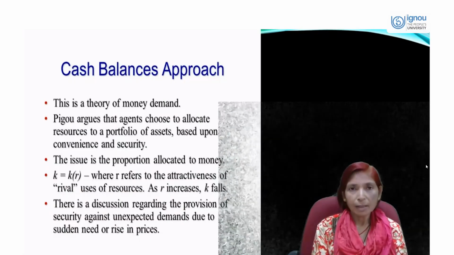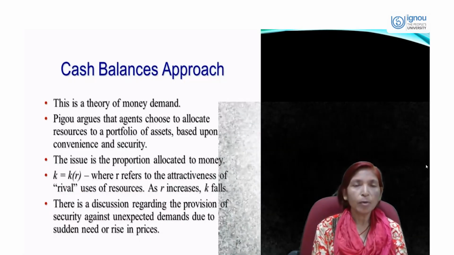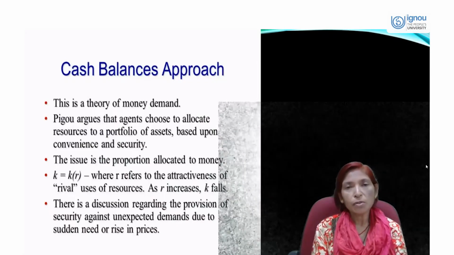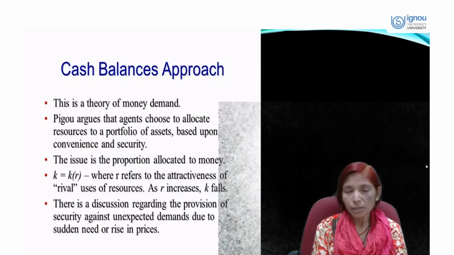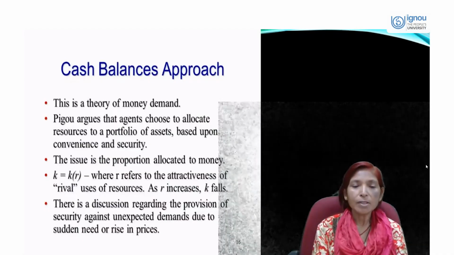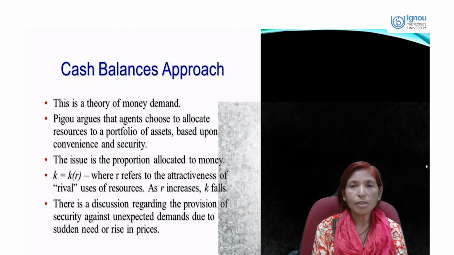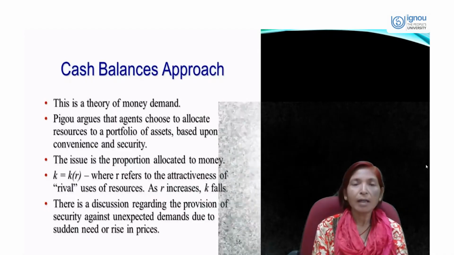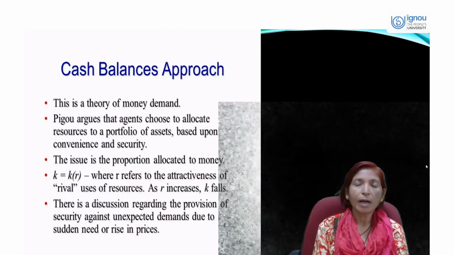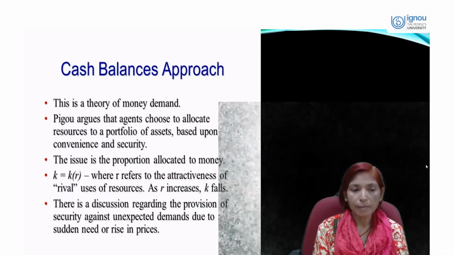R is the rate of interest and K is the proportion of money which we allocate for transactions. R refers to the attractiveness of rival uses of resources. When R increases, K falls. When R falls, K increases.